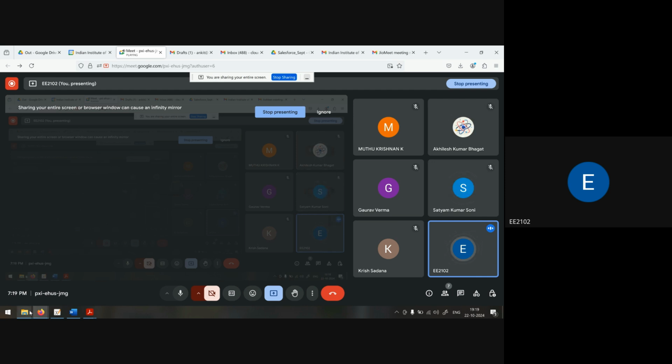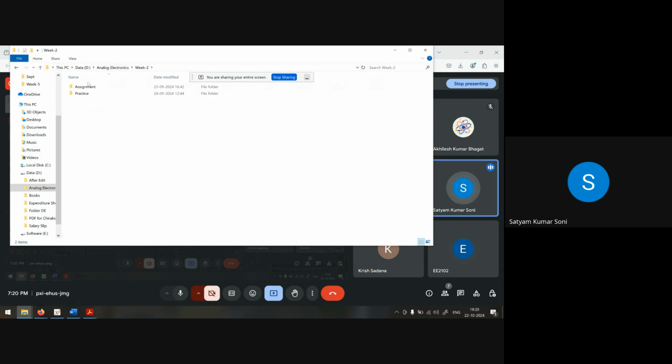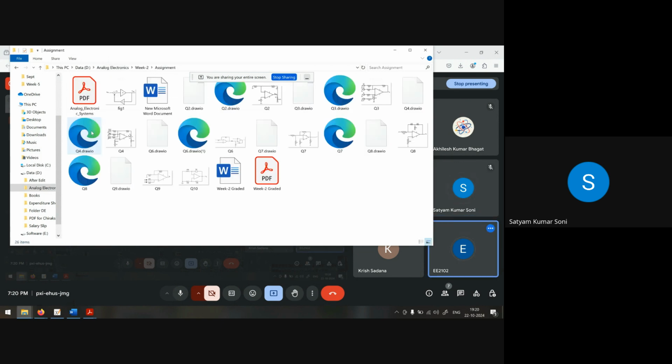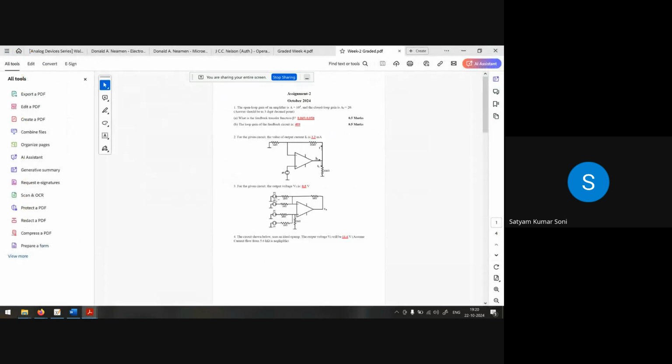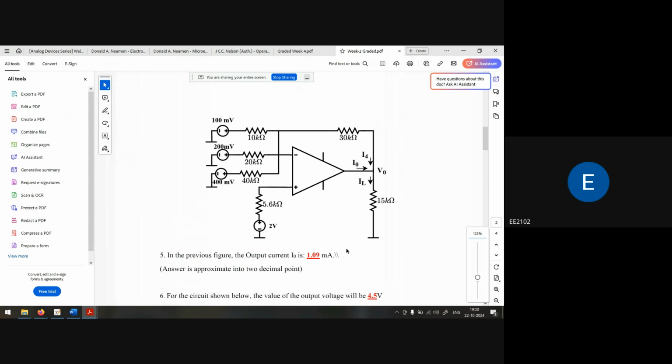Which particular part? Question 5, graded assignment. Yes, yes. Just tell me what is your doubt.